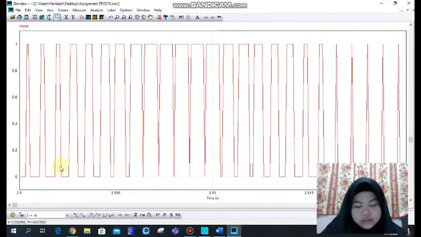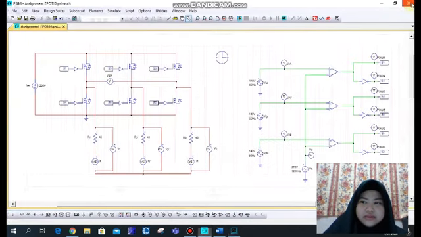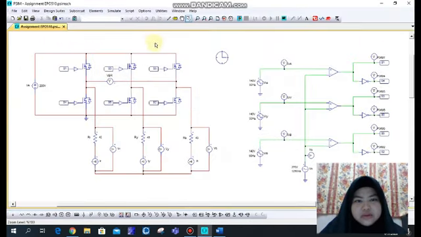From the question, if VR is bigger than VC, then PWM is equal to 1. So this means that now VR is bigger than VC.